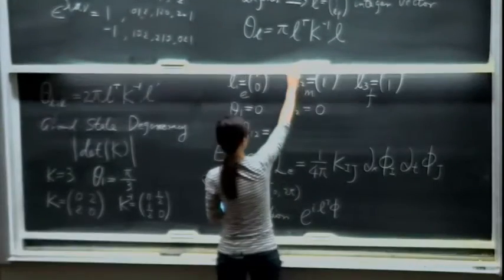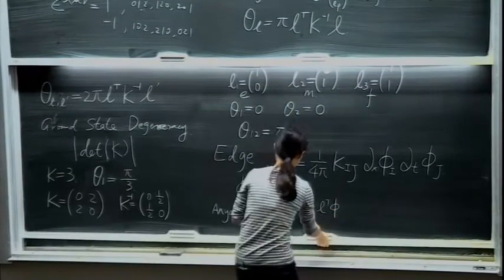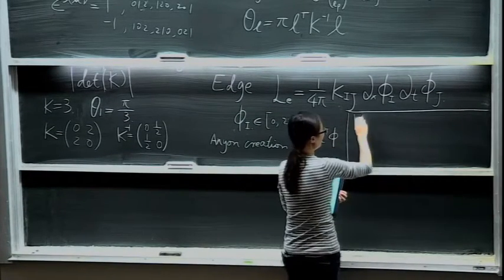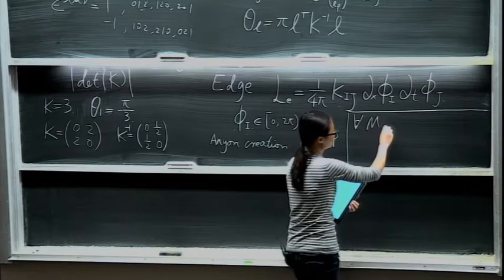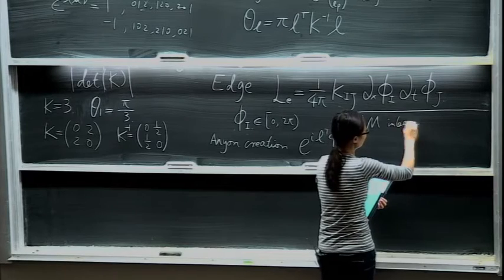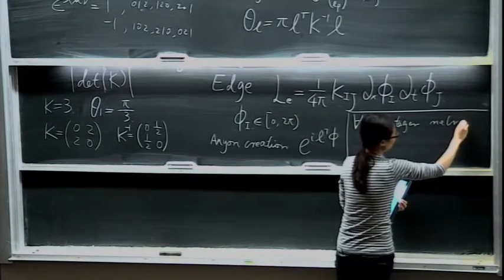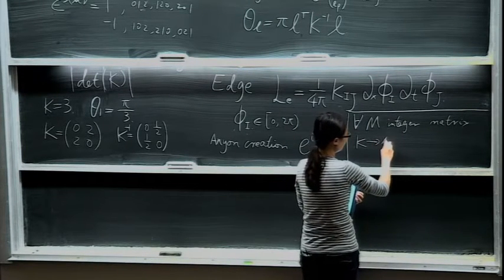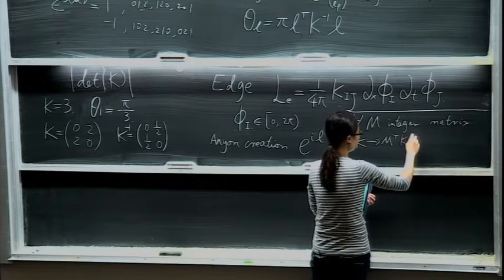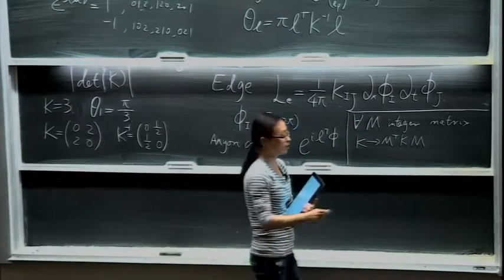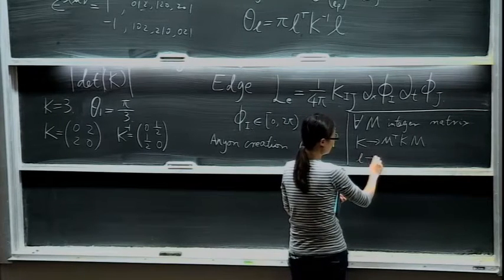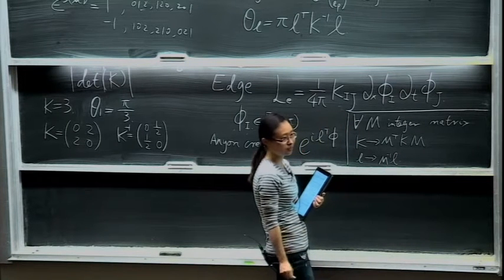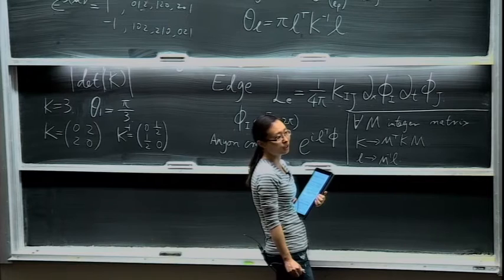Let me see, before I start talking about symmetry, I want to add a point here that for any integer matrix, let's say M, if we redefine K to be M transpose K M, then equivalently, if we map L to M inverse L, then the whole theory is equivalent to the original one.